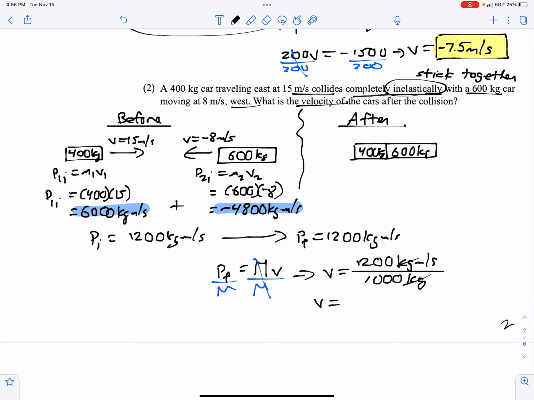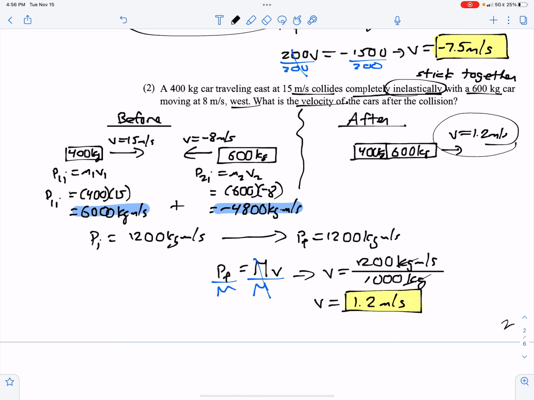Dividing those two, you get 1.2 meters per second. Now, since the answer is positive, that tells us that the combined masses move this way. Since it is such a large mass, and it was going 15 compared to negative 8 the other way, it's moving at a much slower speed because of that combined mass.